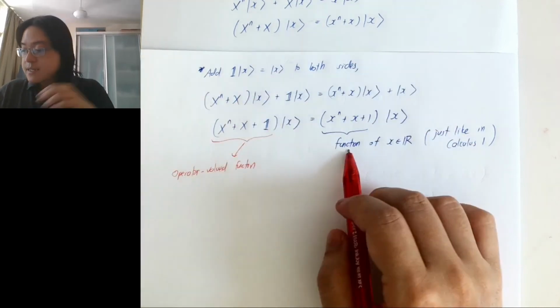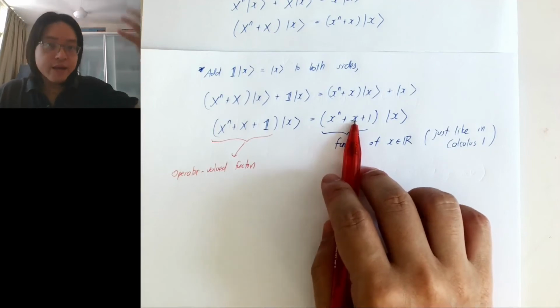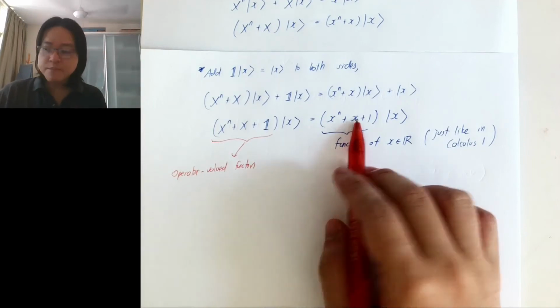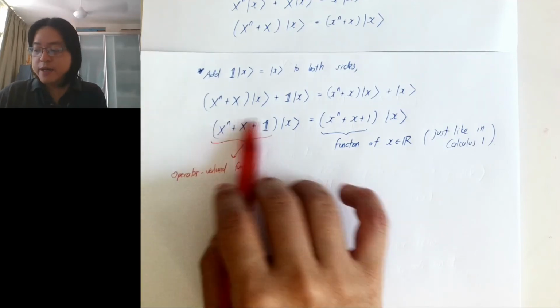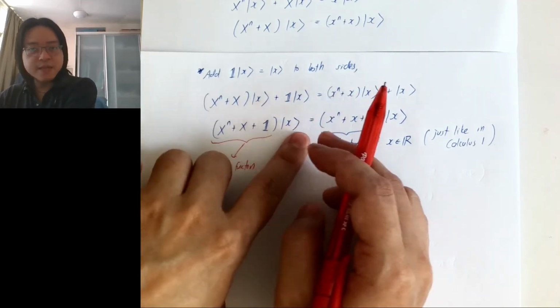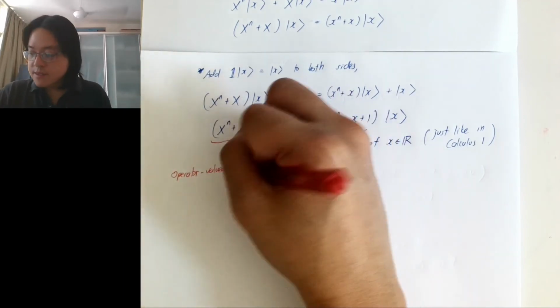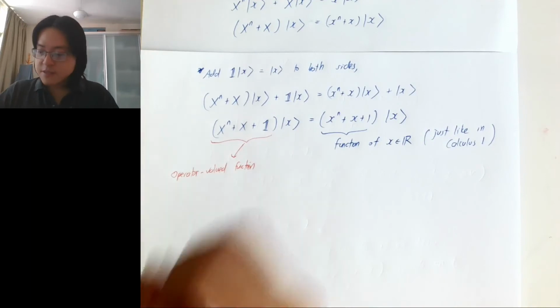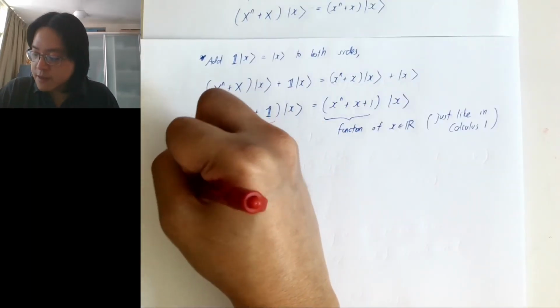This is a real number valued function because you input a real number and the answer is also a number. Here you input the operator x, and you get a new operator that does this thing to my state. The output is an operator. So this is an operator valued function, or in other words, a function of an operator.